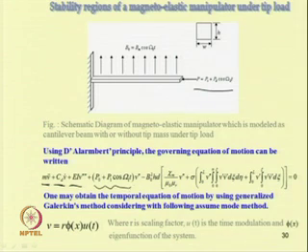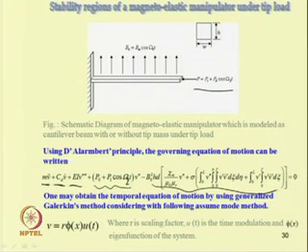Due to axial loading we have the term P 0 plus P 1 cos omega 1 t into cos P 1 cos omega 2 t into del square v by del s square. Then due to the magneto-elastic load we have these terms. In this magneto-elastic load the term will be minus B 0 square h into d, the area.